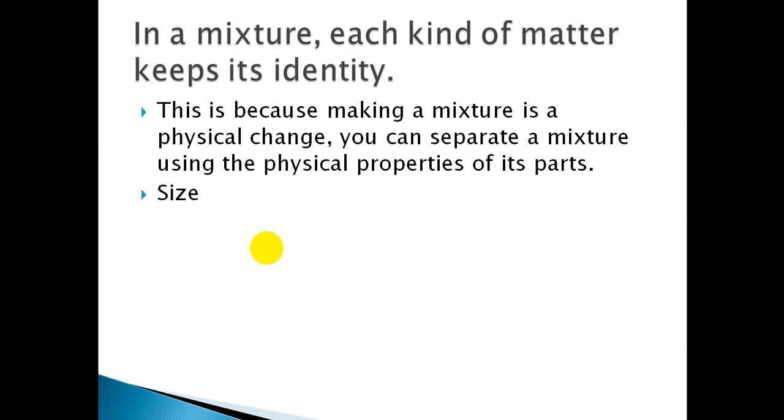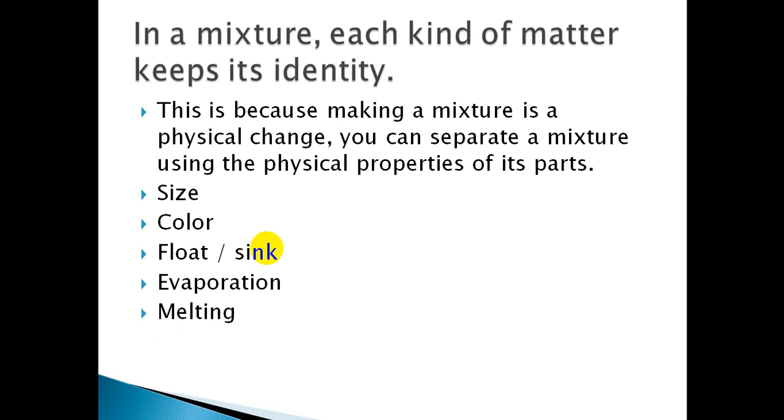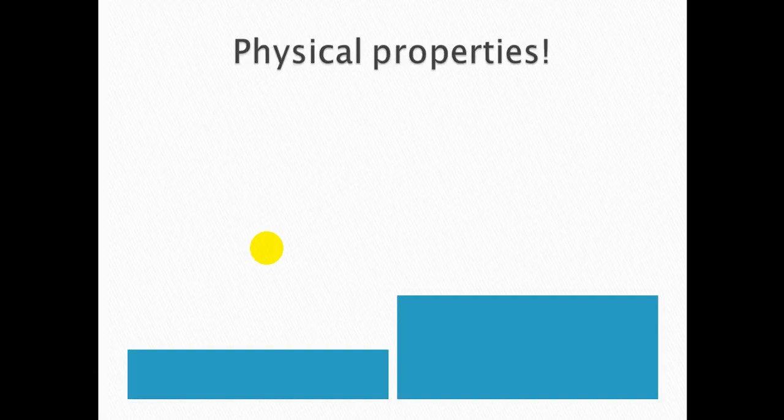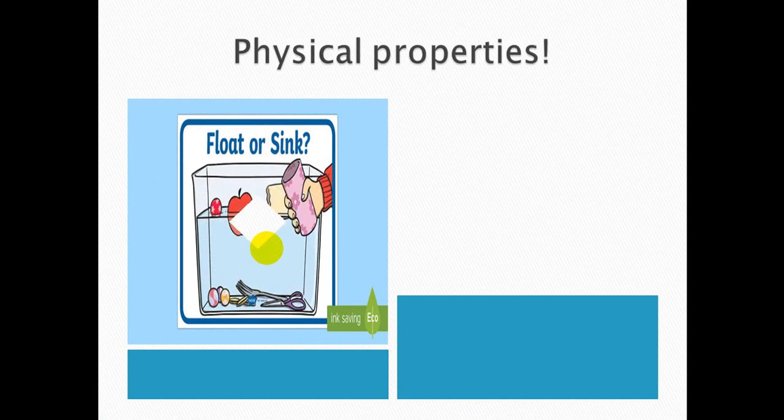What do we mean by this? Like the property of size, color, floating or sinking, evaporation, melting, condensation, any physical property from the ones we already studied. Which physical properties can we use to separate a mixture? The first one. Let's have a look here. We have many kinds of matter, many objects here.